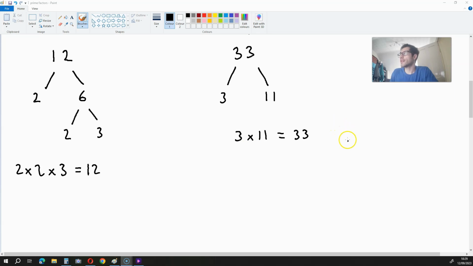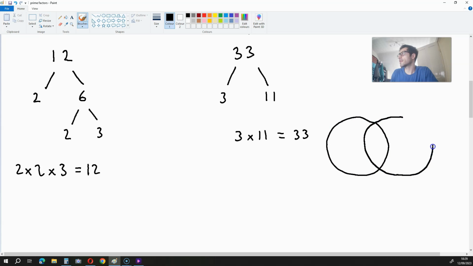Now, if we want their least common multiple, we have to draw a Venn diagram like this. Okay, and make sure these circles intersect like so. We can call the left-hand side 12, and we can call the right-hand side 33.